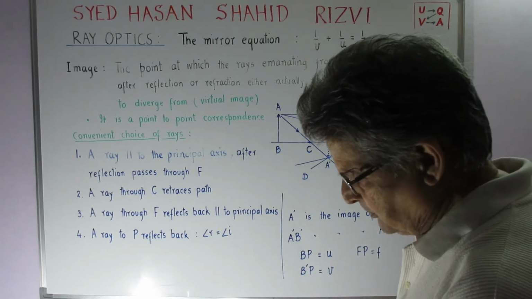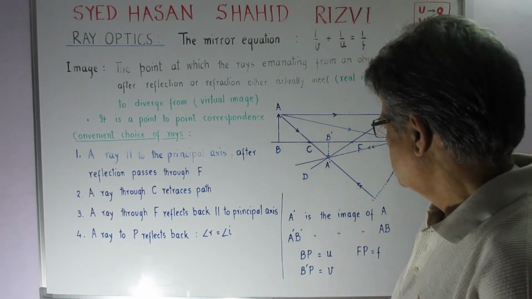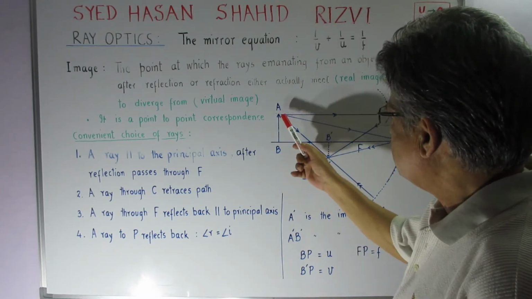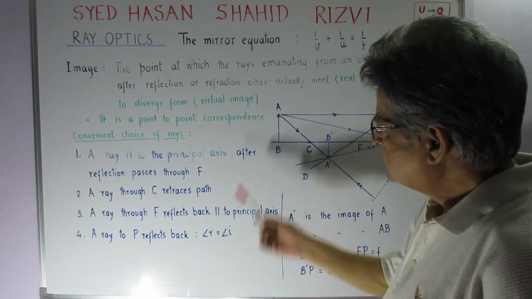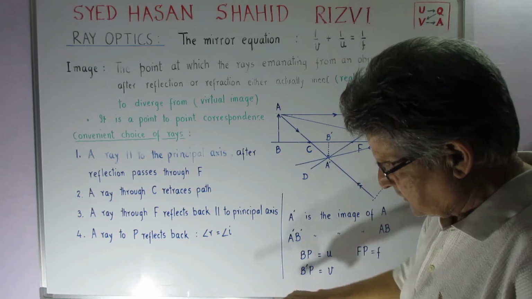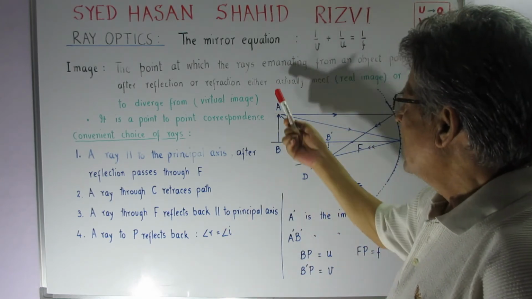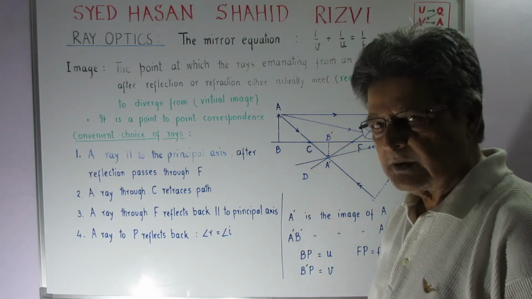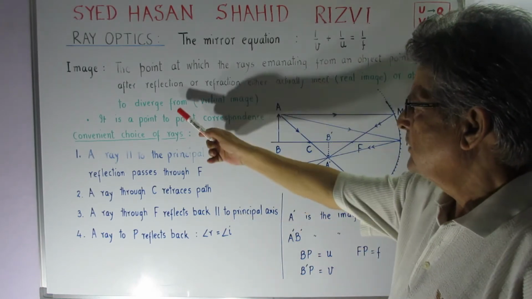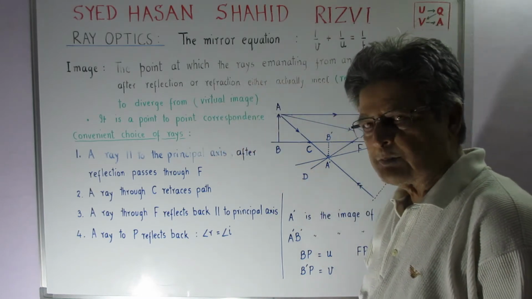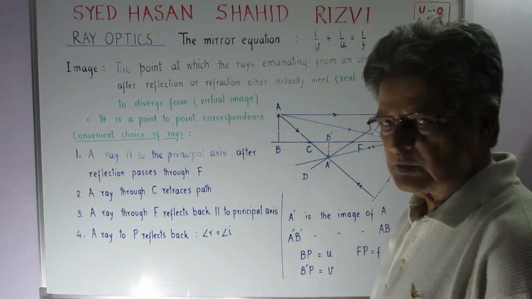So let us define an image. An image is a point at which the rays emanating from an object point, after reflection or refraction or reflection and refraction, finally either actually meet in the case of real images, or appear to diverge from a point under consideration in the case of virtual image.